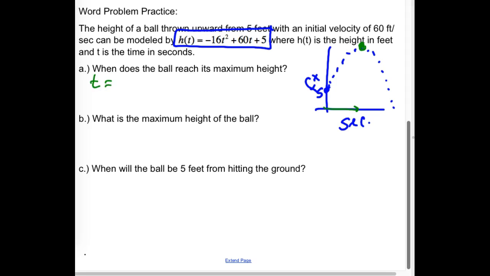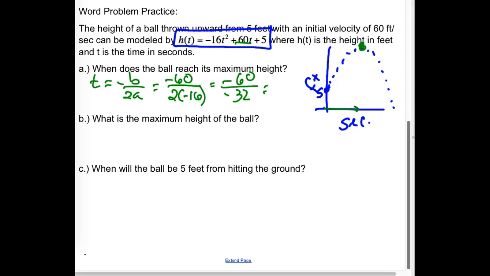So we need to find our x-coordinate, our t value, and we do that using that negative b over 2a. Okay, so just like we found the x-coordinate yesterday, let's plug in our numbers. We want the opposite of b. b was 60, so we need negative 60. We're dividing by 2 times our a value. So we have negative 60 being divided by negative 32.